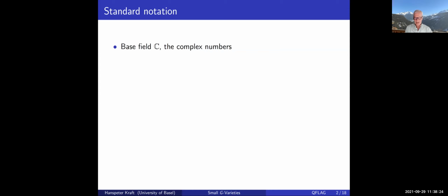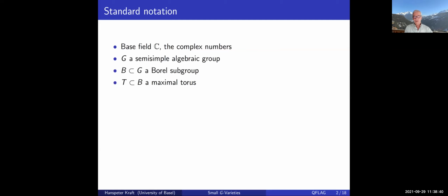I use the standard notations, working over the complex numbers. We could take any algebraically closed field of characteristic 0. G will always be a semisimple algebraic group, maybe even a simple one. B is a Borel.